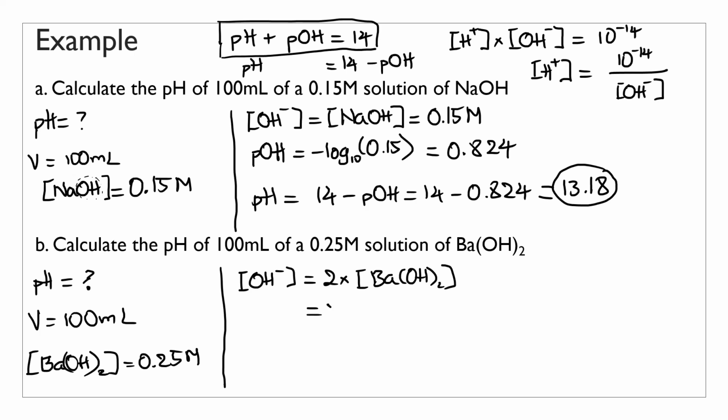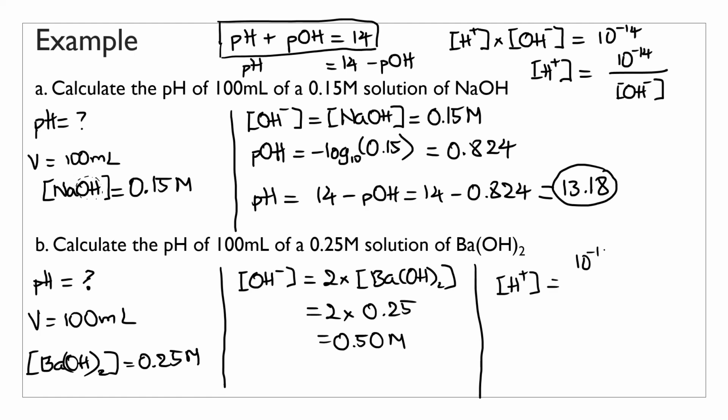So we're going with 2 times 0.25, which is 0.50, okay? And because now I have the concentration of hydroxide, I can work out the concentration of hydrogen ions, which is 10 to the power negative 14 divided by 0.5, which equals something.